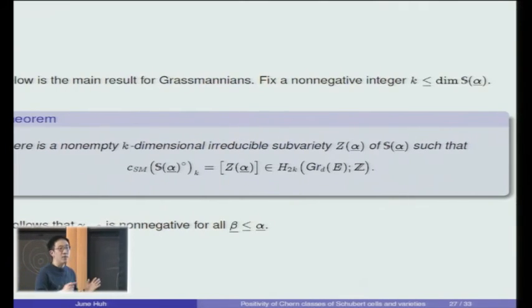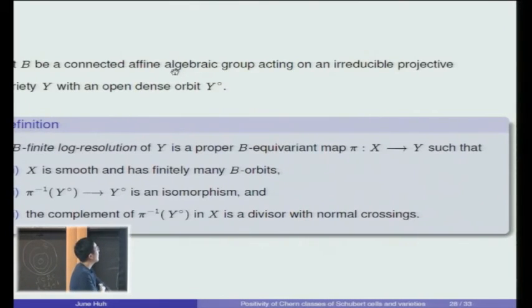And whenever you have all these properties, you have the corresponding statement. So let's be quite general. Let's say B is a connected affine algebraic group acting on an irreducible projective variety Y with an open dense orbit, Y naught. Our previous example would be the Schubert variety being the B orbit closure.